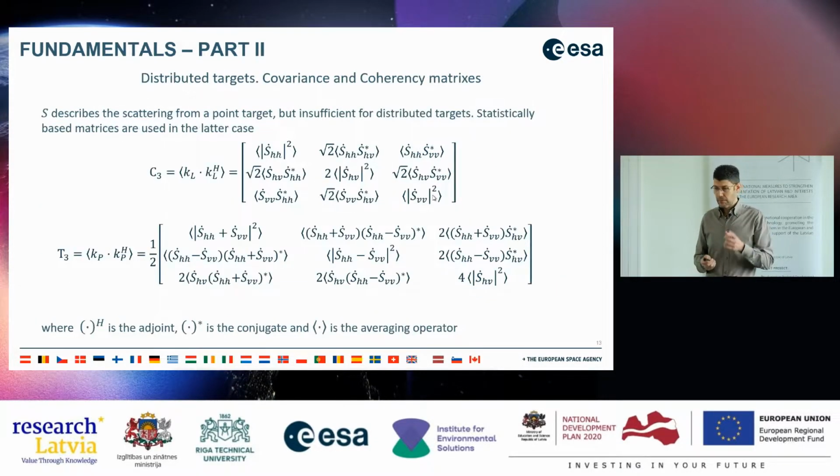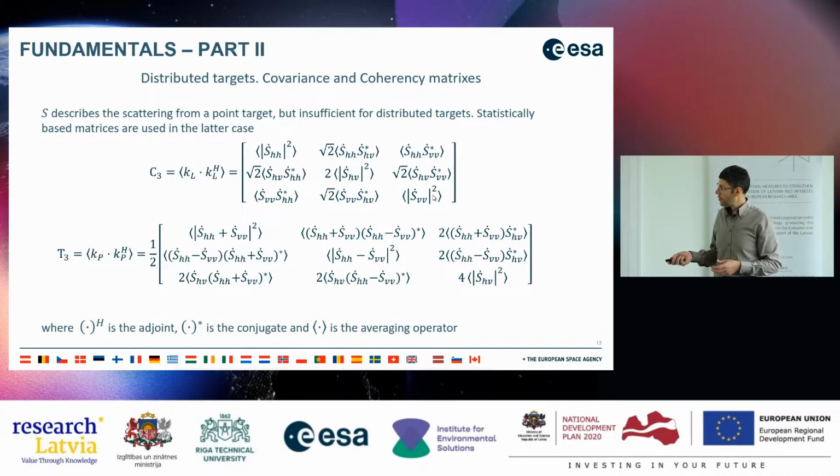Why are the vectors useful? Because with these vectors, then you can create so-called second-order statistics, so the covariance and coherency matrices, where the first is given by C3, and the second one is given by T3. So the first is given by the vector multiplication between KL and its adjoint.